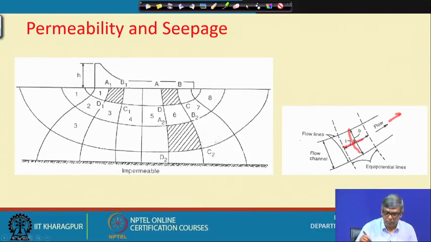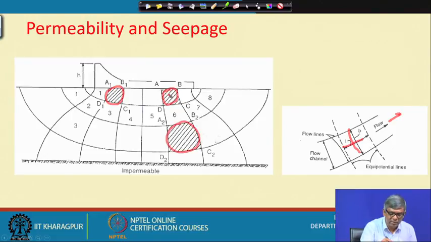Based on this, I will take another thing: I am now considering blocks. One is this one, ABCD, and I am taking, in the same flow line at a different location, A1, B1, C1 and D1, suppose. With respect to this, what is the relationship? Both blocks are in the same flow line. Similarly, I will take another one here.